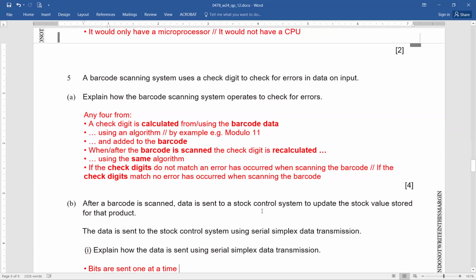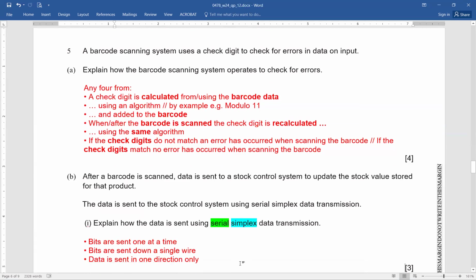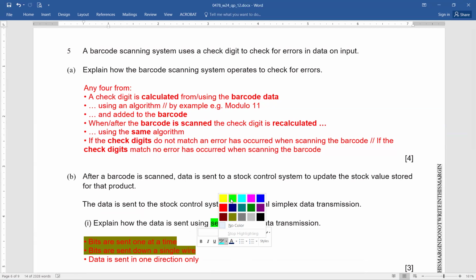You know very well what serial means, and simplex means what. Let me do it so you can actually recall. Serial means bits are sent down a single wire, 1 bit at a time. So this is the explanation for serial.